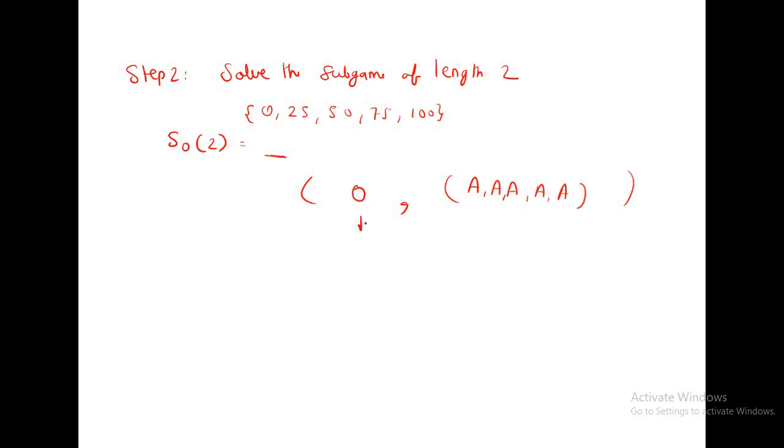So this is the strategy of player 1 and this is the strategy of player 2. We can say this is the best response strategy considering the strategy of player 2. Okay. Now what can be the other possibility here?